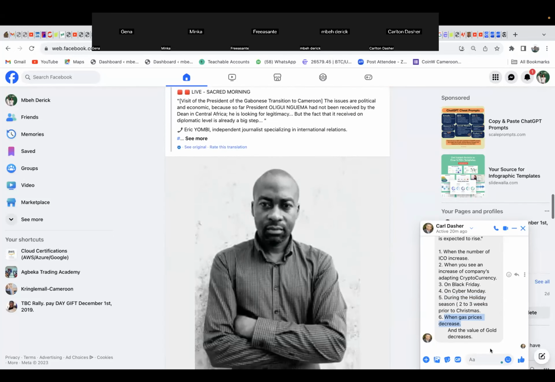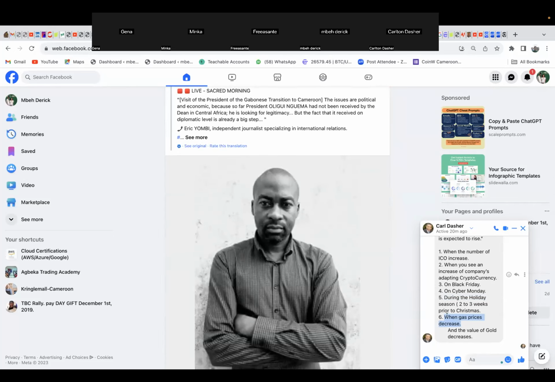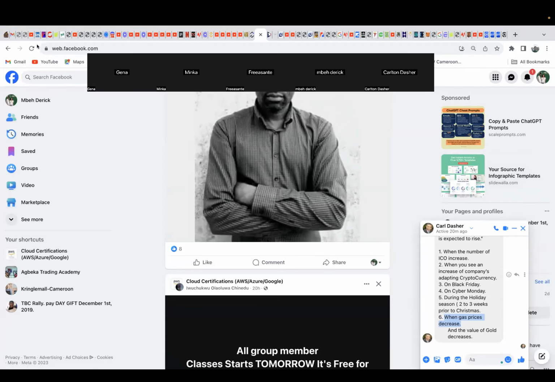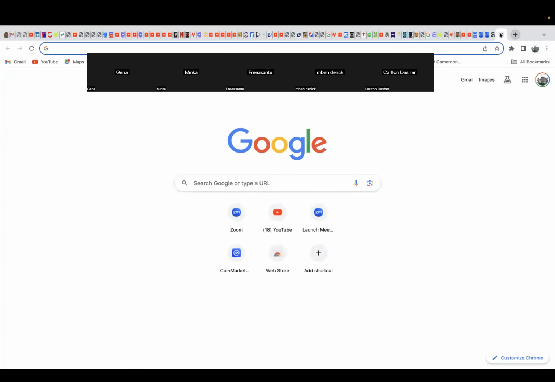I think that's the last one, and the value of gold decreases. Yeah, so you can go to the gold app. You can go to coinapps.com/gold/grain/calculator to determine your back office fee. It actually shows what the value of gold is going to be.